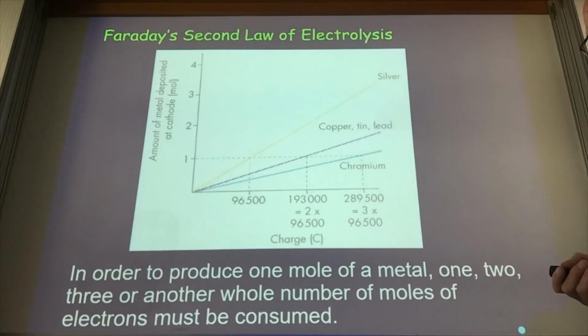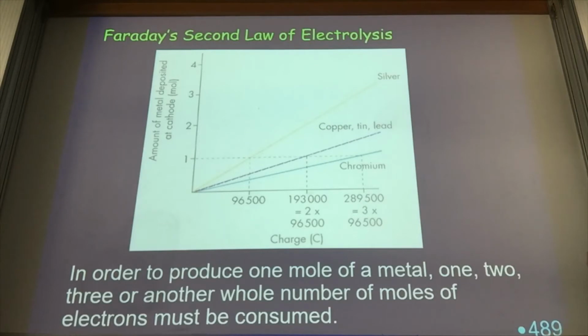If we want to plate 1 mole of either copper, tin or lead, it's going to take exactly 2 moles of electrons. And if we want to plate 1 mole of chromium, it's going to take exactly 3 moles of electrons.